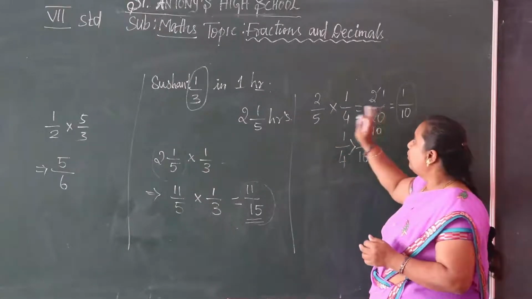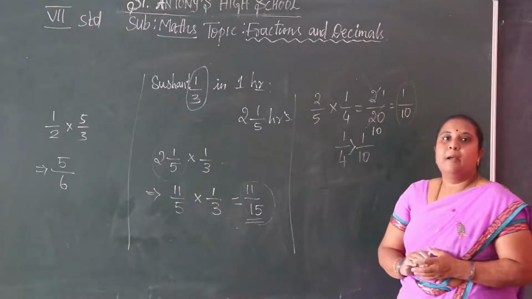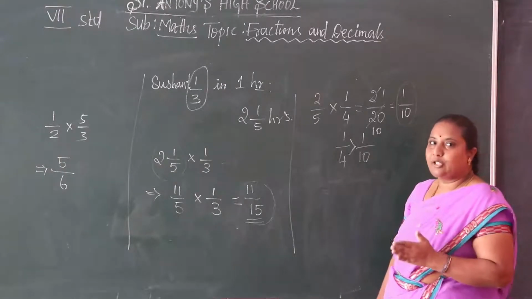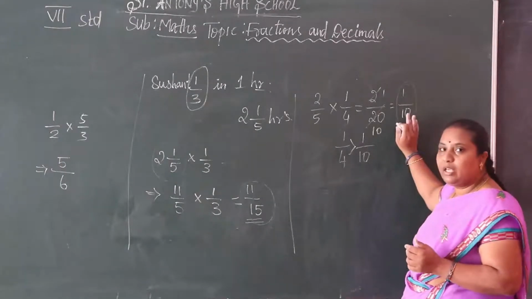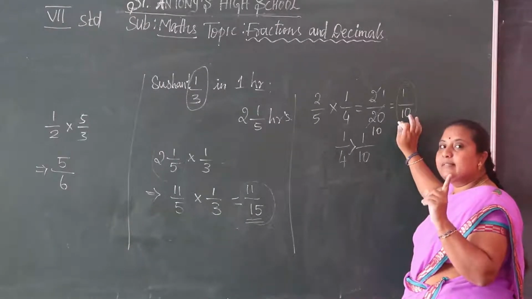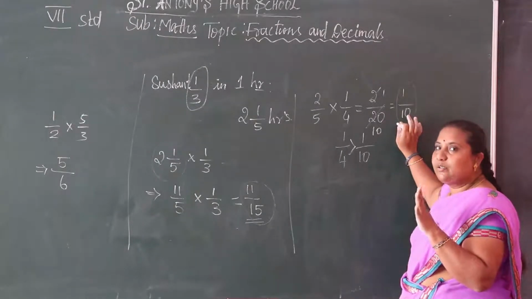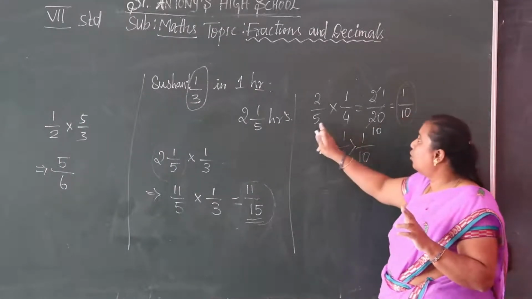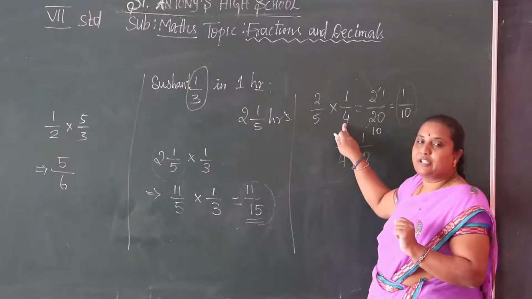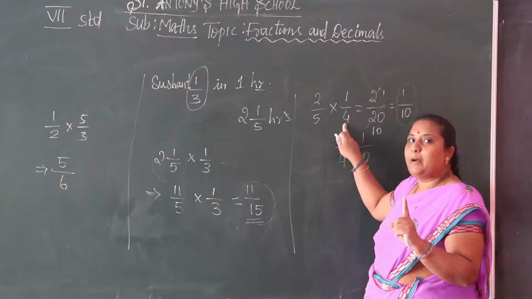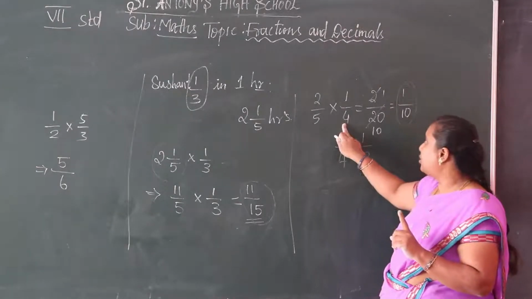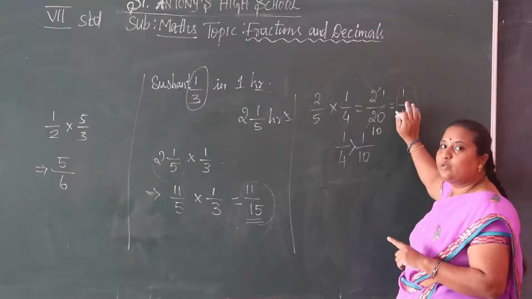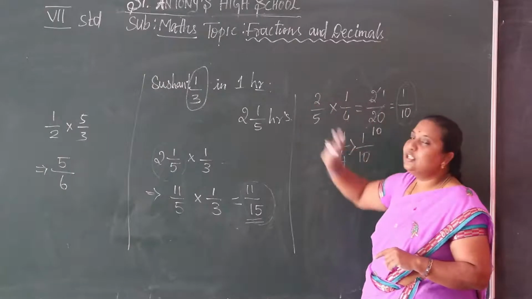Understood, children? See, we are taking proper fractions. In the multiplication of proper fractions, the value of the product is very important. It is an important question. When the two fractions are proper, the value of the product is less than each of the fractions.